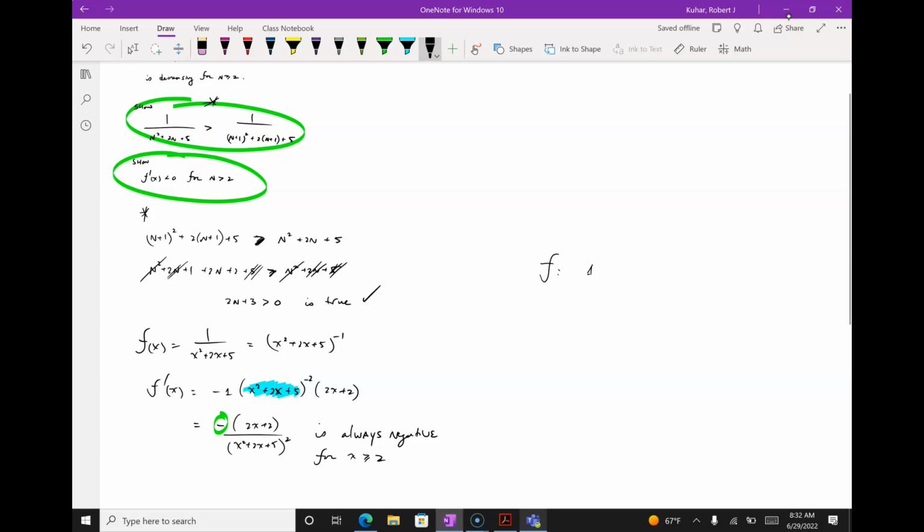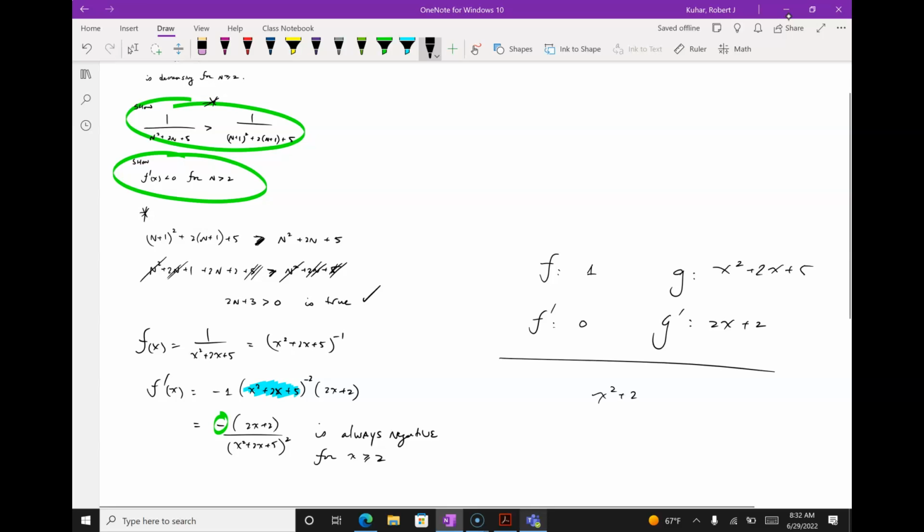The upstairs function is 1, the derivative is 0. The downstairs function is x squared plus 2x plus 5. The derivative is 2x plus 2. And divided by that downstairs squared, right? So yes, I could use the quotient rule.